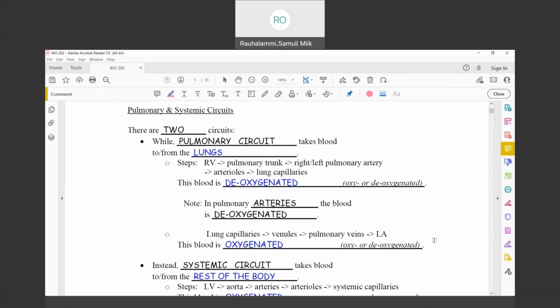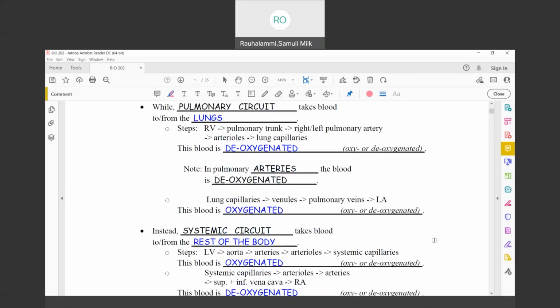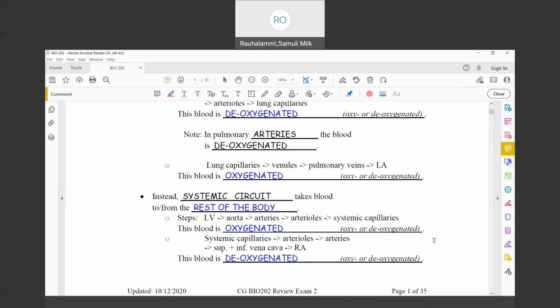Now we have the blood that has returned from the pulmonary circuit, rich in oxygen, to the left-hand side of the heart. There it passes through the structures that I've listed on the handout and leaves to the systemic circuit, supplying all other parts of the body, with the exception of the pulmonary circuit going to the lungs.